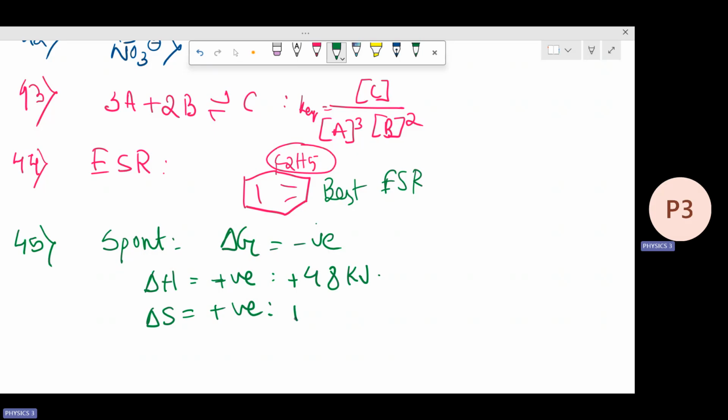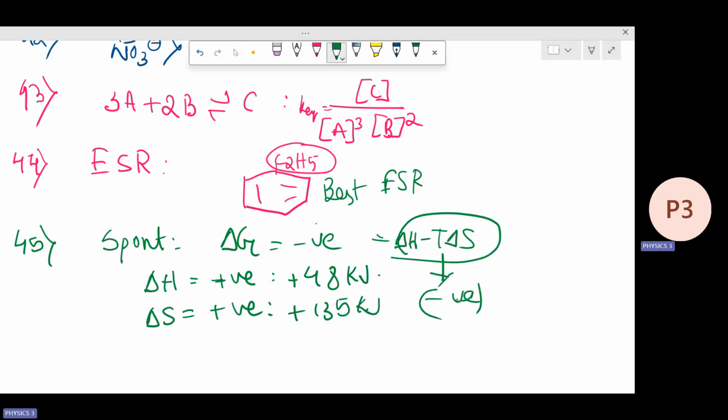So that is plus 135 joule per Kelvin. Overall, as we know, the formula is delta H minus T delta S, so if we multiply, we can get a negative value. Hence, the answer will be option number 3, that is plus 48 kilojoule and plus 135 joule per Kelvin.